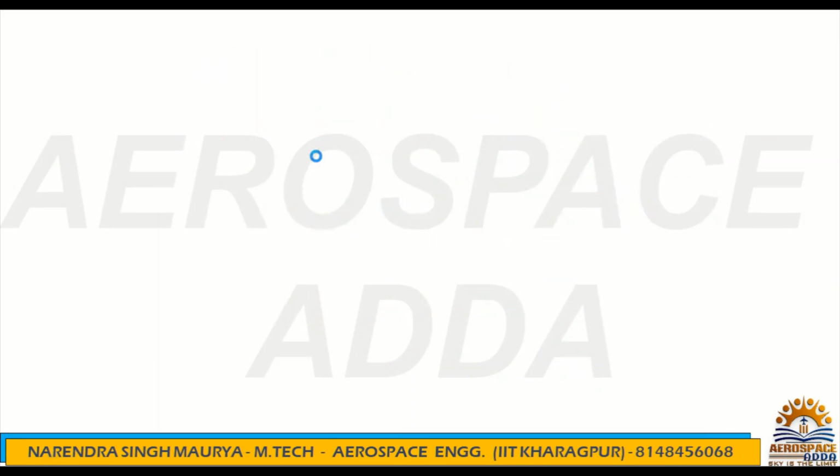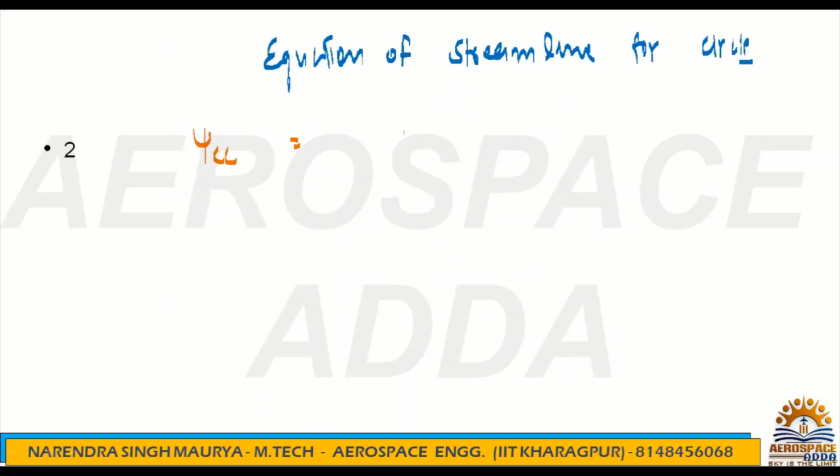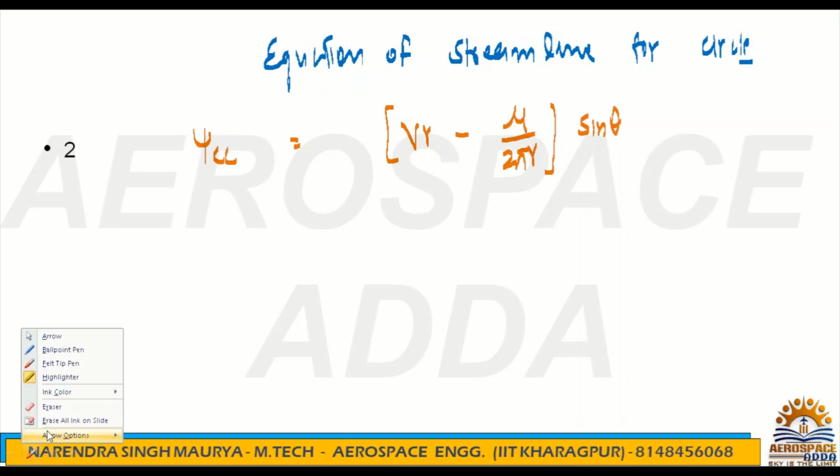I will write the first value: V r minus mu upon 2 pi r sin theta. To keep the data for psi cc, where is psi cc? It's the surface of the circle, obviously. So the r value we can keep here.